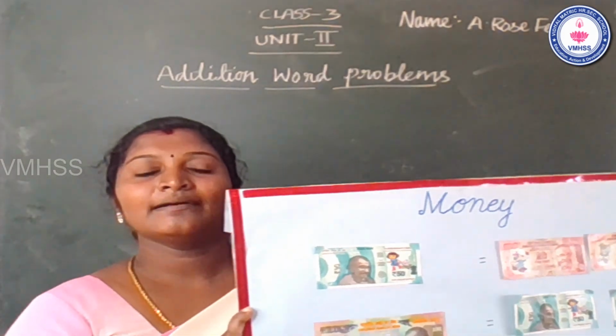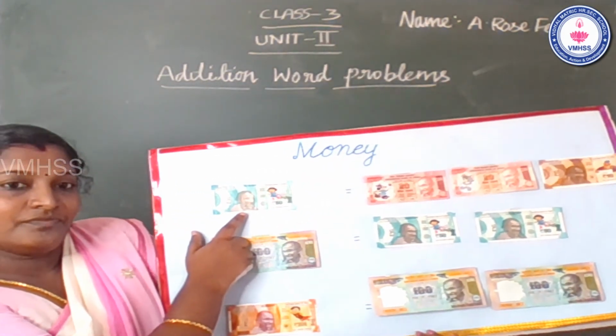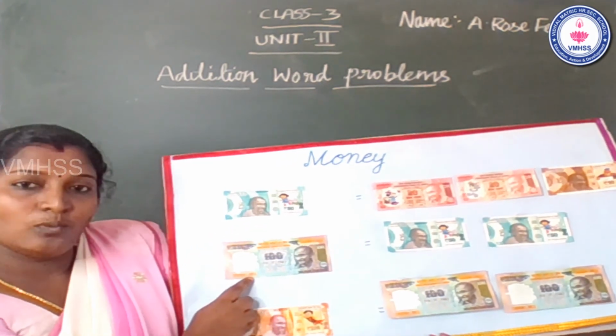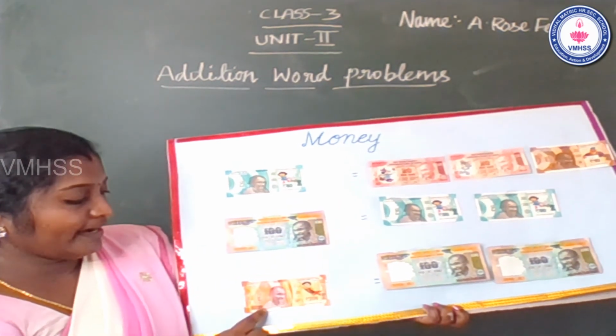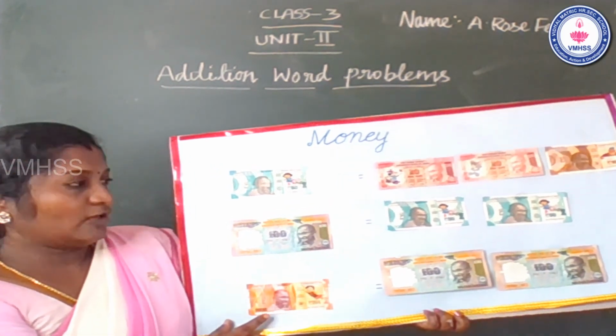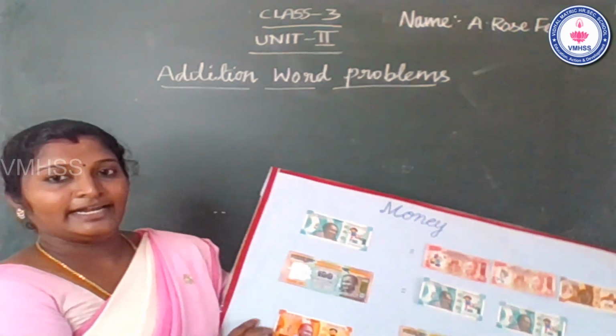Very good, this is money. What is the first picture? 50 rupees. The second one, 100 rupees. The third one, 200 rupees. So 50, 100 and 200.